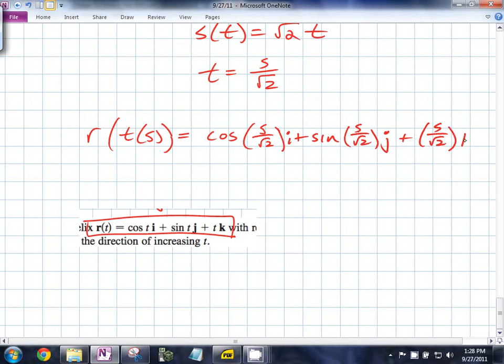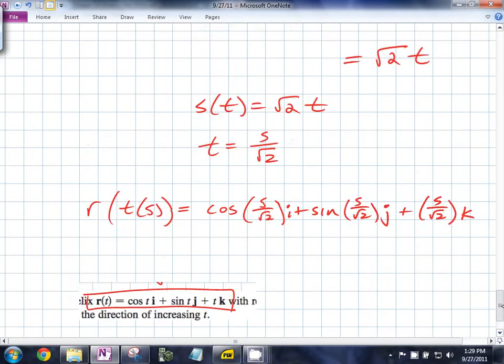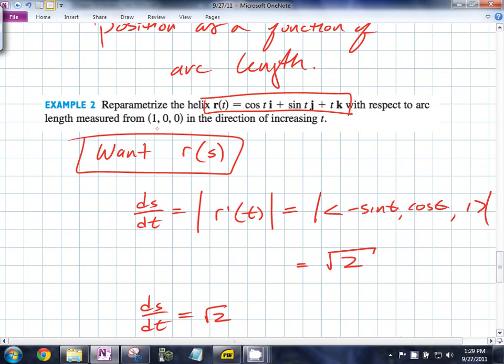So that's the position in terms of arc length from where? 1, 0, 0. Why did we need the initial point 1, 0, 0? What did that tell us? If we know we're starting at the point 1, 0, 0, but we have it defined parametrically, what is t when you're at that point?